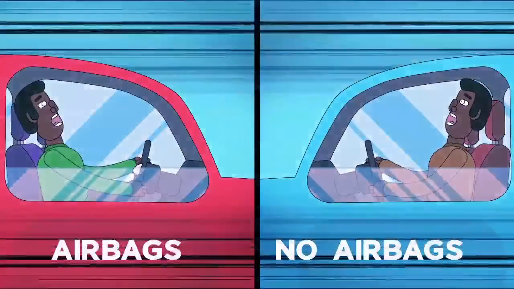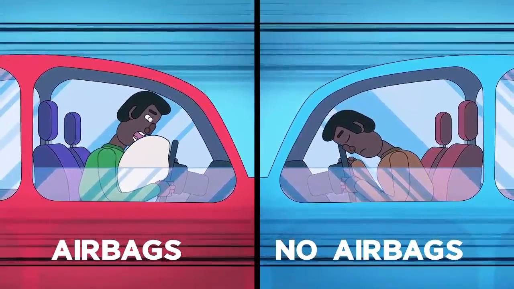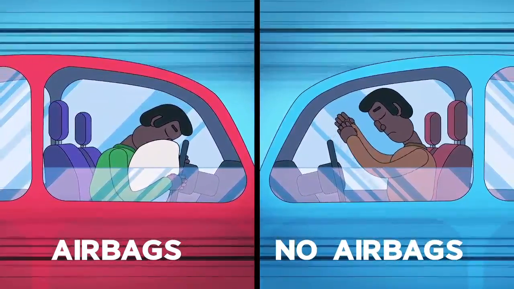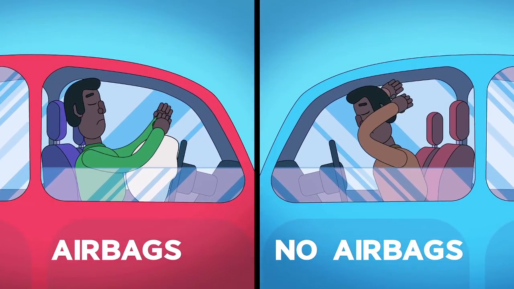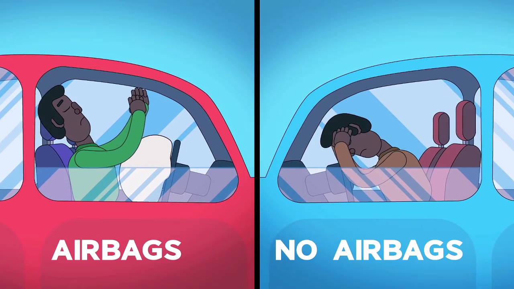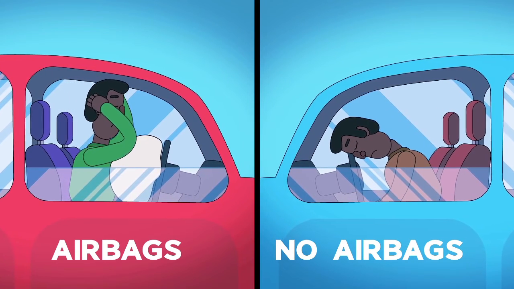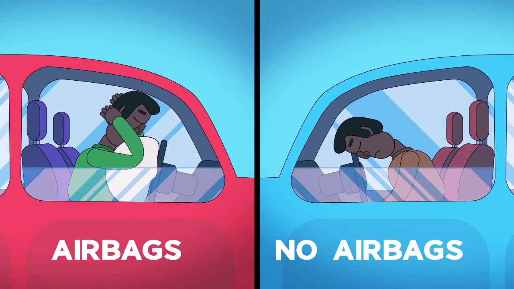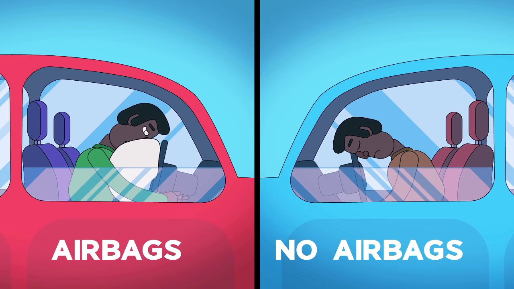When airbags deploy, the effect is that the collision of the driver's head begins much earlier and lasts much longer. The initial and final velocity of their head is the same. We can say that the impulse of both of these collisions is the same, but the time of the impact on the left is much longer. Thus, the force of the impact is less, saving the life of the driver.